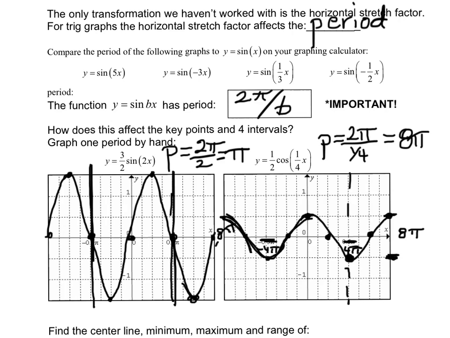So the regular cosine graph would do something like this. Because it usually starts at 0, 1 and finishes at 2 pi, 1, the cosine curve has that distance to finish all of its intervals. Halfway in between here is pi, and at pi cosine ends up at -1.